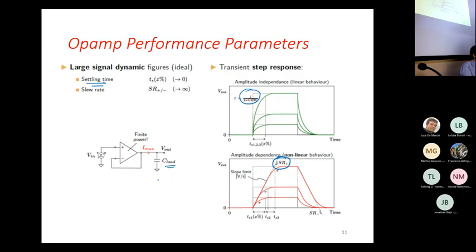So the slew rate effect is the maximum derivative of the output with respect to the input. Ideally, we would like an output which follows rigorously the input, or is just conditioned by the frequency of the dominant pole. While when the slew rate comes into play, you have this sort of triangular trend, which means that the slew rate also induces non-linearities in our signal. Okay, so distortion.